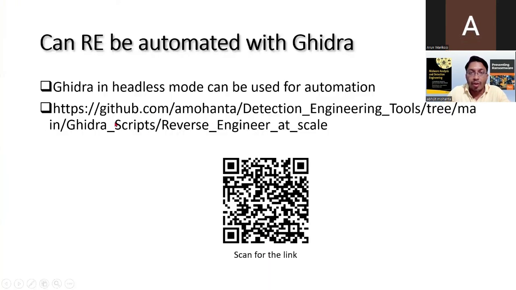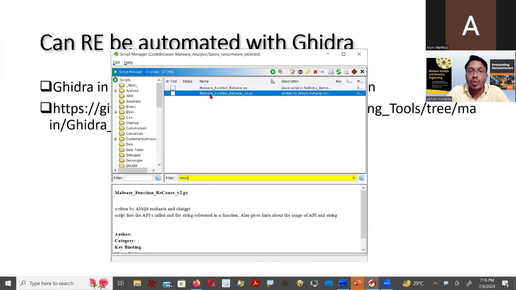This is the location for automating Ghidra using headless mode. In this directory you are going to see some additional scripts, and one of them is malware_function_recorner_v2.